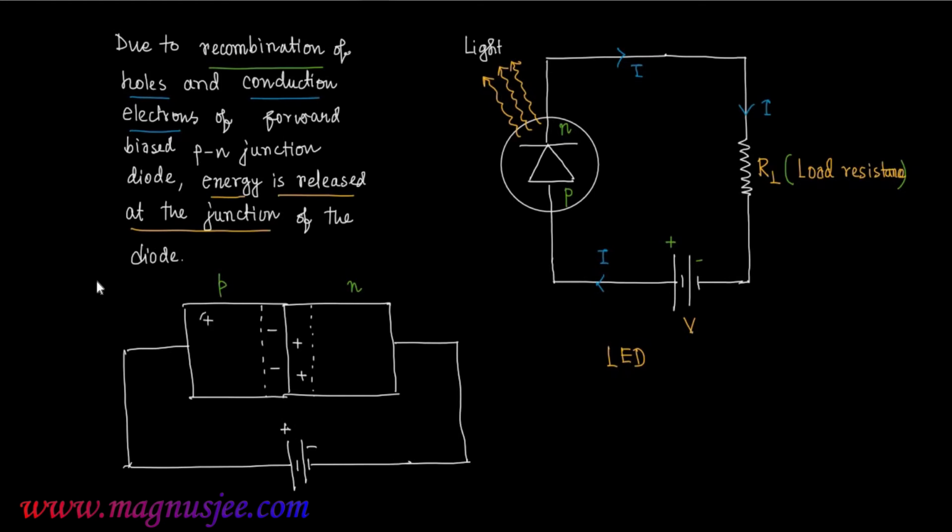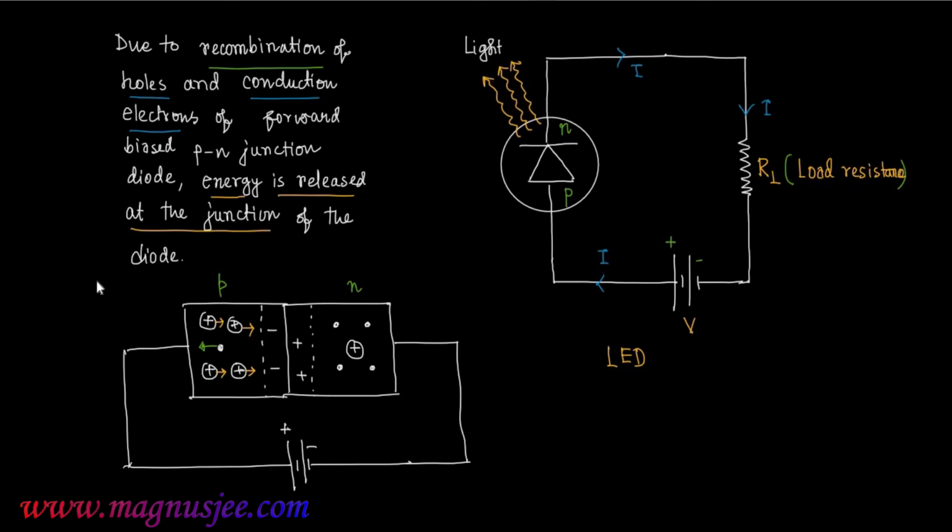In the P region, holes are the majority charge carriers which will cross the junction, and this is conduction electrons. In the N region, conduction electrons are majority charge carriers and holes are minority charge carriers. Under the action of the positive terminal of the battery, holes will be repelled towards the junction, and conduction electrons will be attracted away from the junction by the positive terminal of the battery.